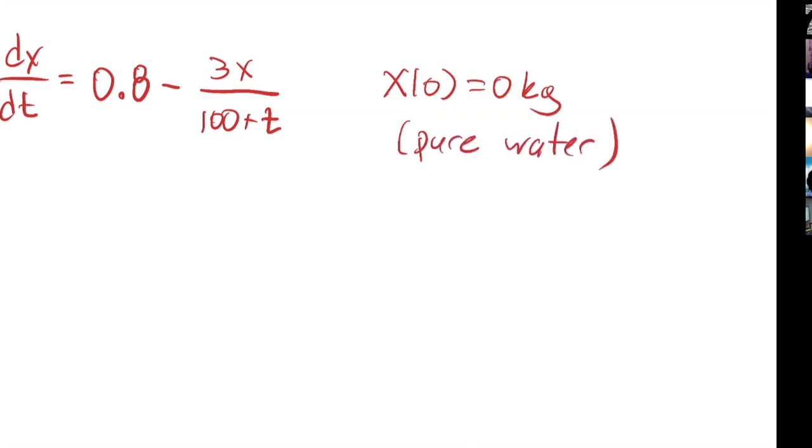And then our initial condition here is we're told that at time 0, there's 100 liters of pure water. So that would mean the amount of salt in the tank is 0. And from this, you could solve this differential equation. This is certainly a linear differential equation, so you could use an integrating factor to solve that.